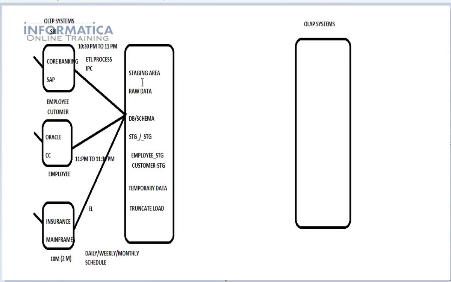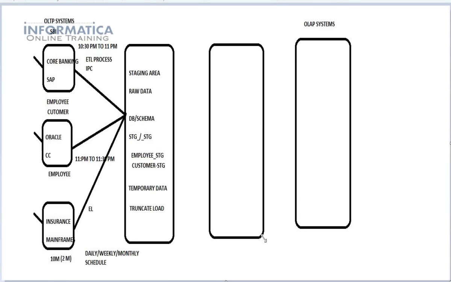Once we move the data into the staging area, in some architectures we load the data directly into the OLAP system by applying different transformation logics. Sometimes in some projects, from the data staging area we move the data into an optional region called the ODS region. The ODS area is an optional area. So what is this ODS area?